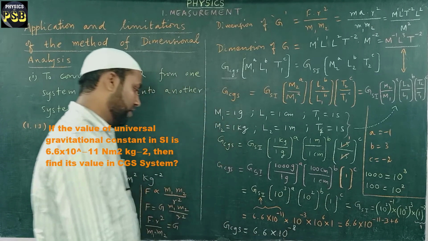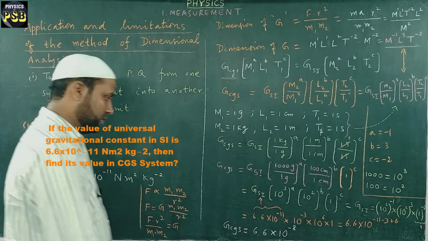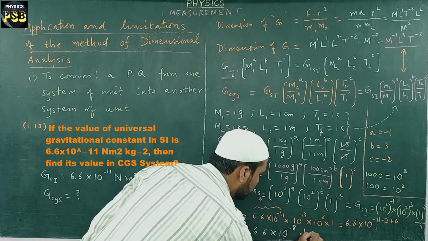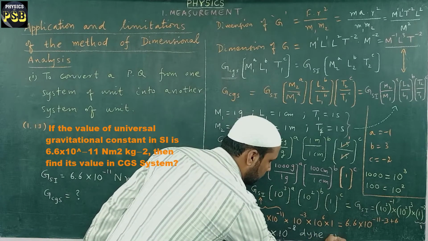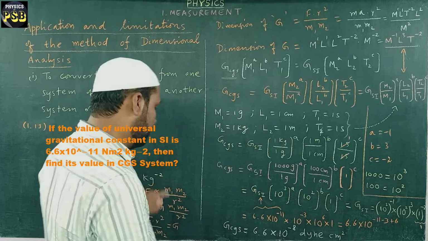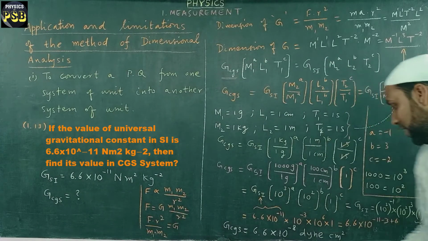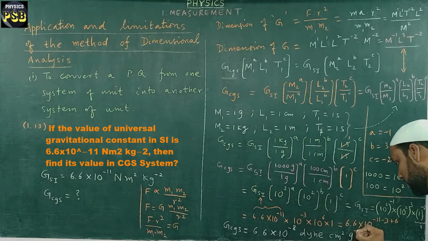This is the value. And the unit is dyne in the place of Newton, and centimeter in the place of meter, centimeter square, then in the place of kilogram we have gram in a CGS system, per gram square.